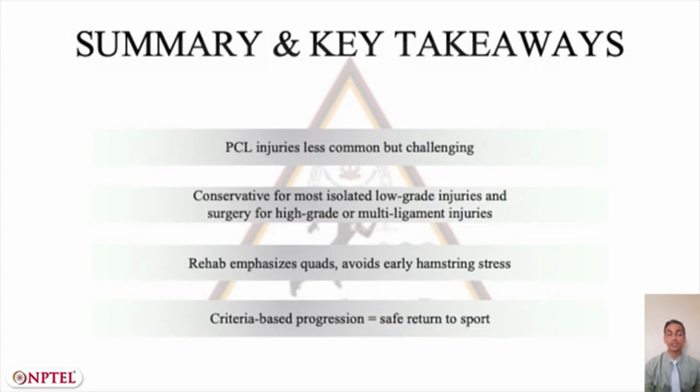Rehabilitation emphasizes strengthening of the quadriceps muscle, while hamstring strengthening is avoided in the early phase. Criteria-based progression helps for a safer return to sport.